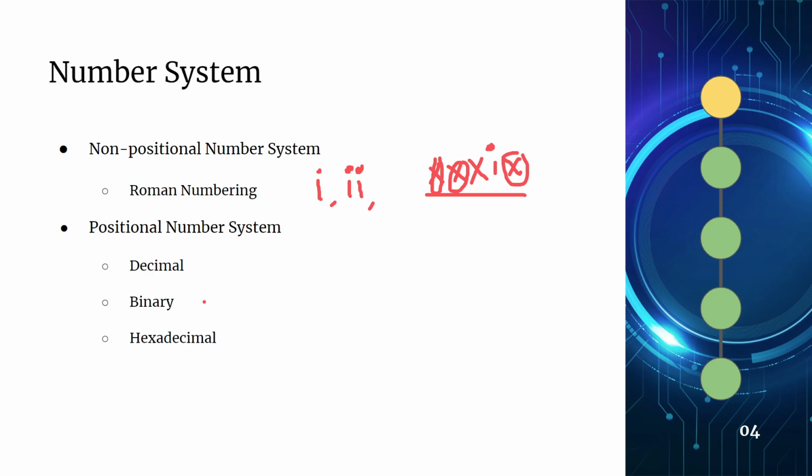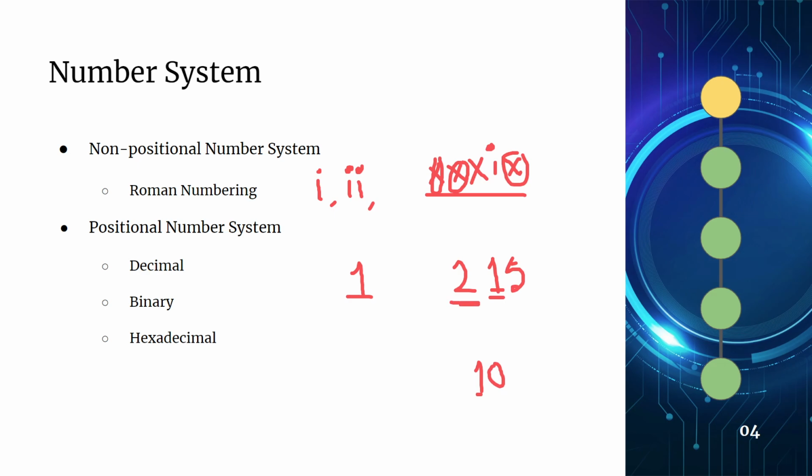But in positional number system, the difference is that we do care about where the number is. For example, in 1 it actually means 1, but in 2, 1, 5 the actual value of this 1 is 10. Confusing?